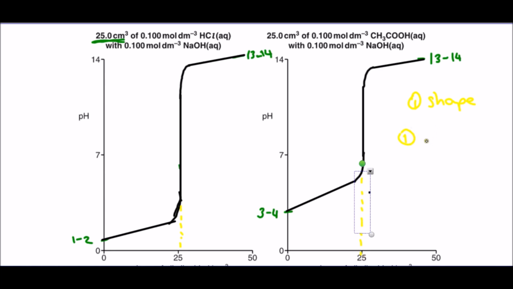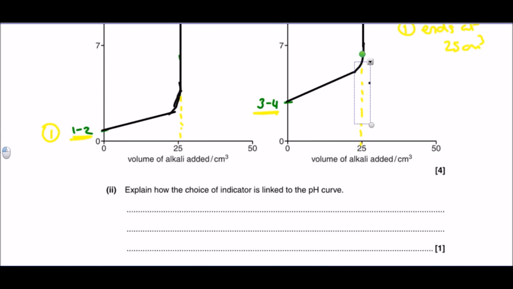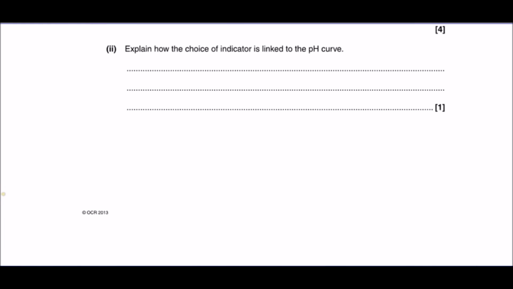So 1 for ends at 25 centimetres cubed, which you can see is up here in the text. And then we've got the pH at the start, so 3 to 4 for the weak acid, 1 to 2 for the strong acid, 1 for that. And we've got the pH at the end, so 13 to 14 on both graphs because they are both sodium hydroxide, which is a strong alkali. So that's the 4 marks for those titration curves.